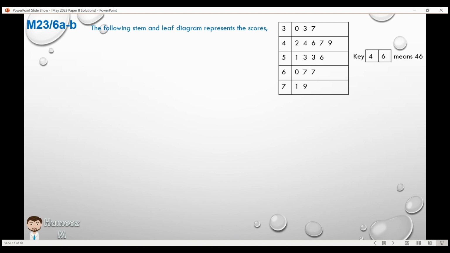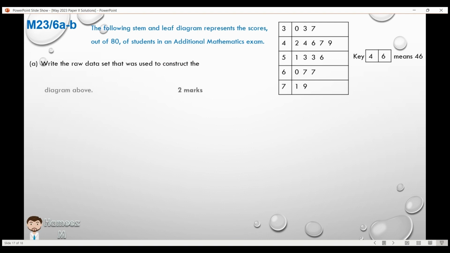Since this represents the scores out of 80 of students in an additional mathematics exam, part A, write the raw data set that was used to construct the diagram above. We have the stem and leaf diagram, and we would like to work backwards to find the raw data.